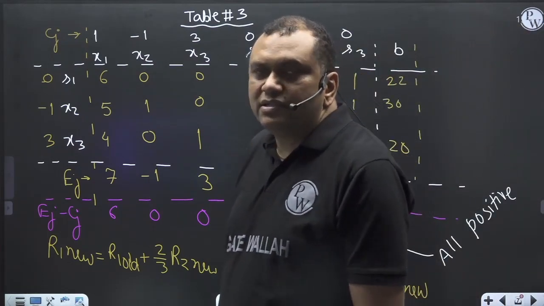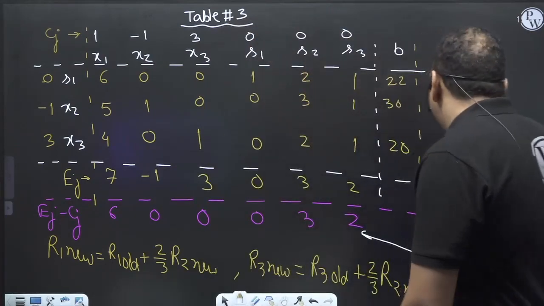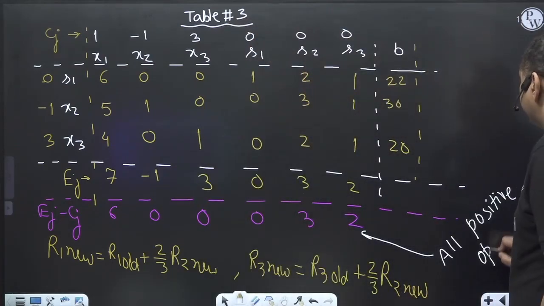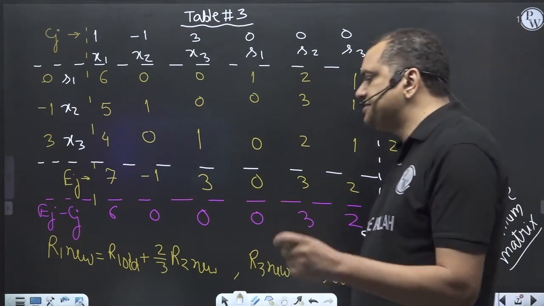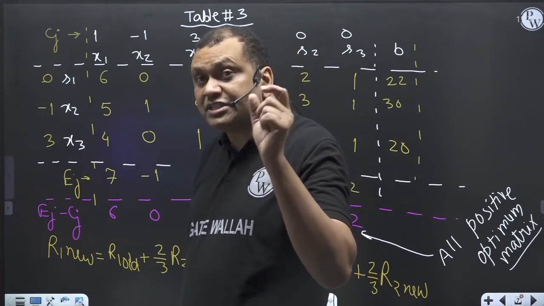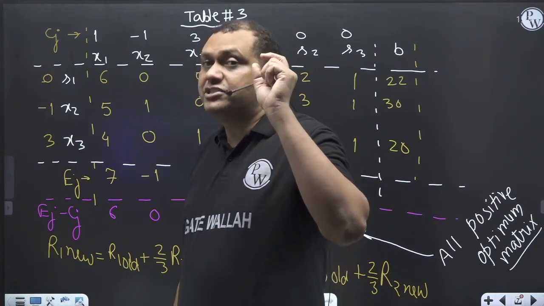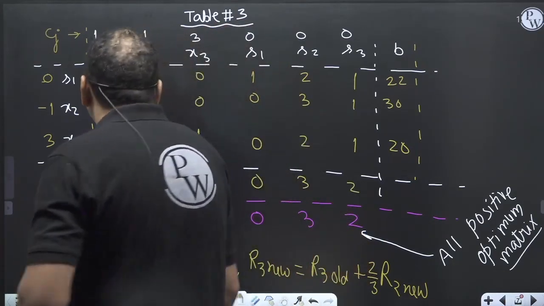In the Ej minus Ej row, all positive, it means it is an optimum matrix. No further iterations are required.